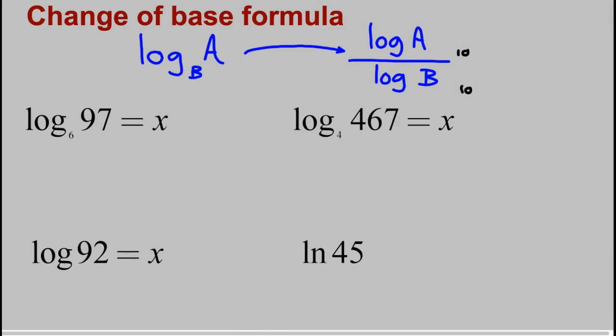So the log of a base b is the same as the log of a over the log of b, but they're common logs. So that allows you to evaluate a log with a different base than 10 using a calculator that's not a fancy one, right? Like look at this problem right below here. If you didn't have the fancy calculator, how would you evaluate that? Well, you'd have to do the change of base formula.